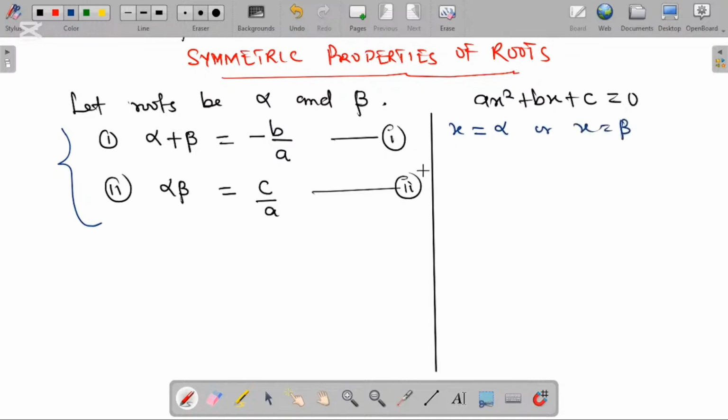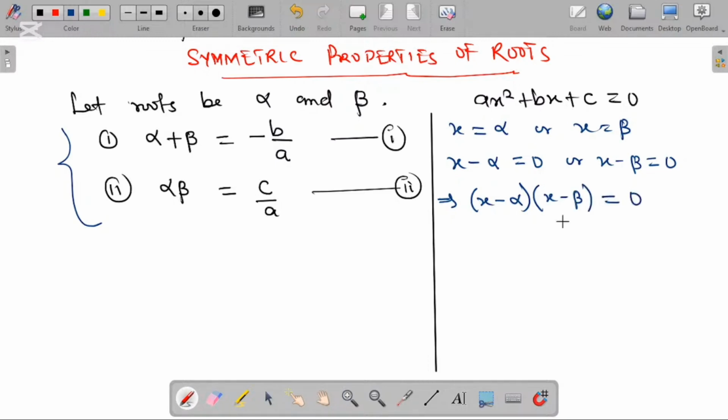So what does it mean? If I do like I did with 2 and 3, I'm going to have x minus alpha is equal to 0, or x minus beta is equal to 0. If we join these two now, we will have x minus alpha multiplied by x minus beta, everything is equal to 0.